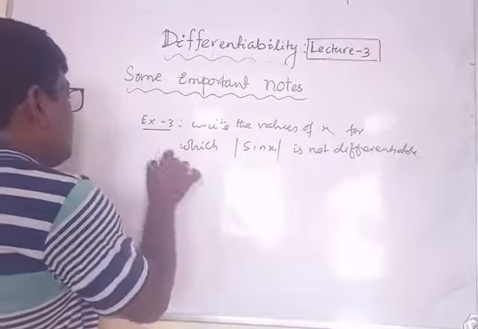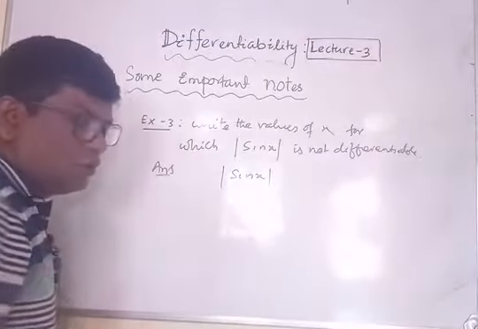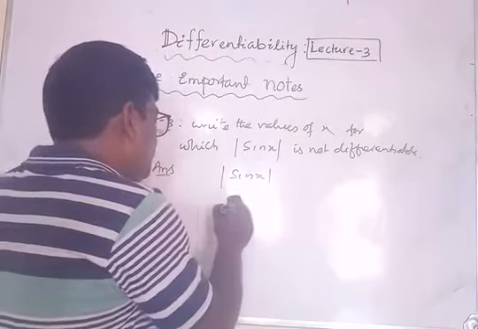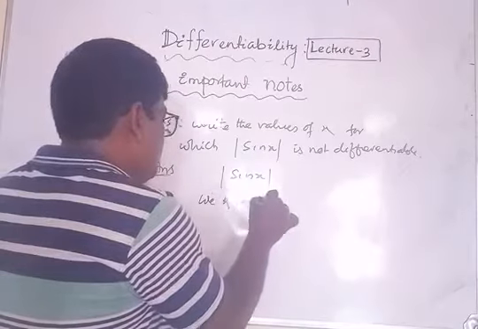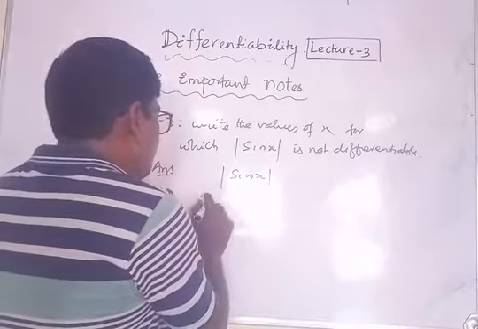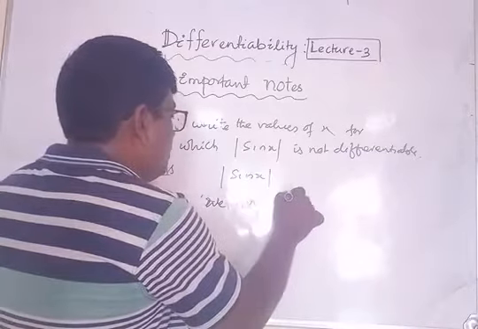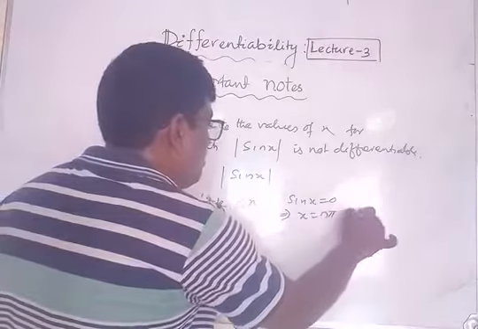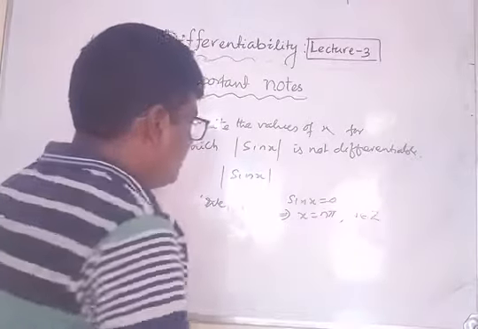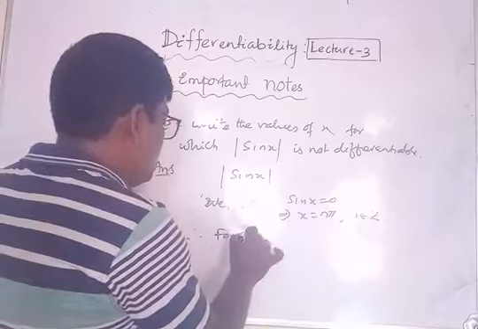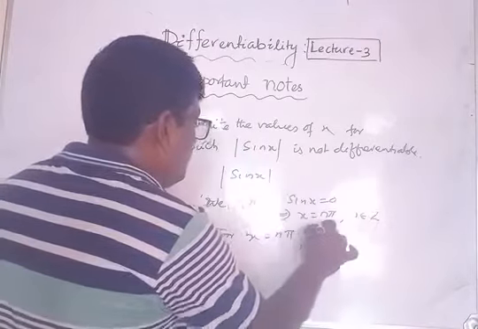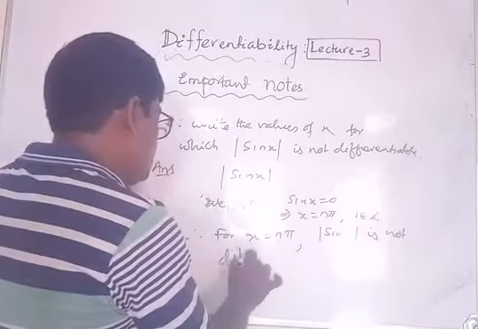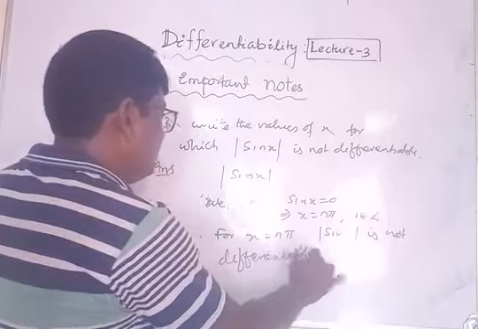So answer is, that is a mod of sin x. We know sin x is equal to 0 implies x is equal to n pi, n belongs to Z. Therefore for x equal to n pi, mod of sin x is not differentiable. Clear?